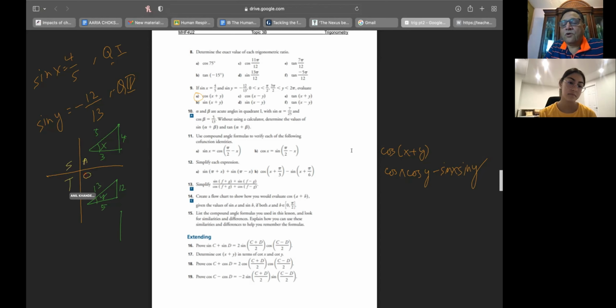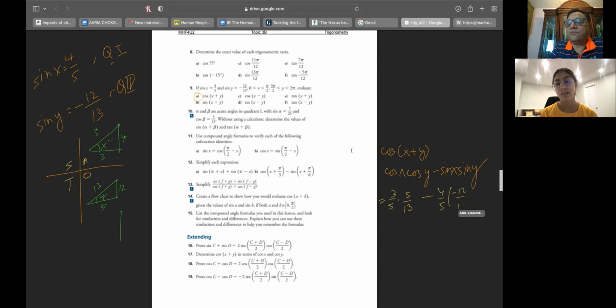Substitute here. So cos of x, in this quadrant all are positive, and the cos value is 3 over 5. Is it okay? Cos of y is also positive, 5 over 13, correct? Sine of x is positive, quadrant 1, 4 over 5, it is given to us. And sine y is also given to us, minus 12 over 13.